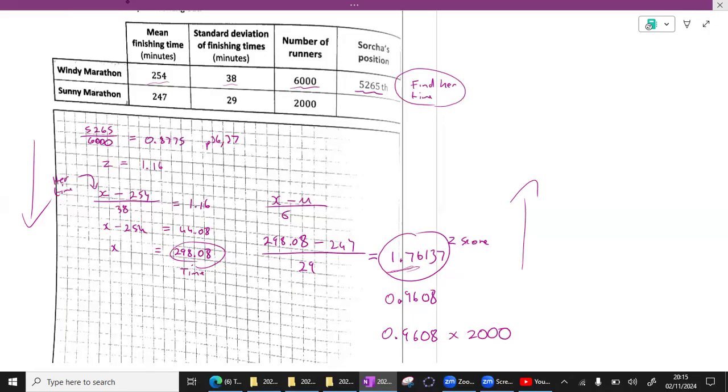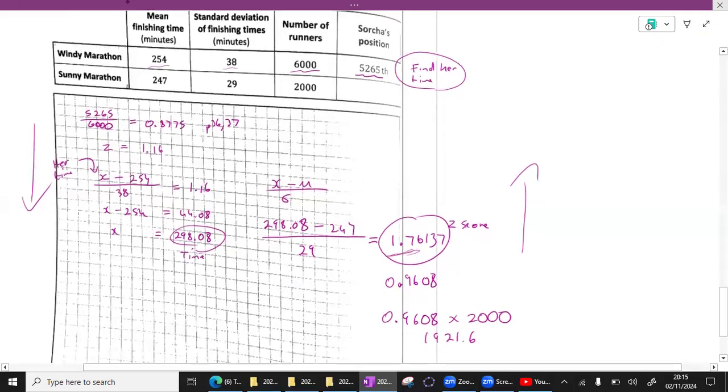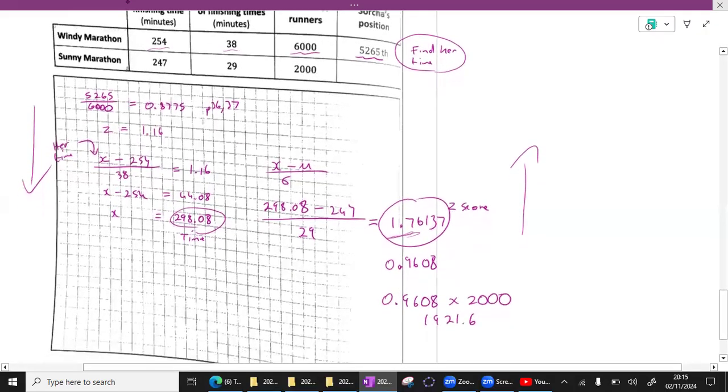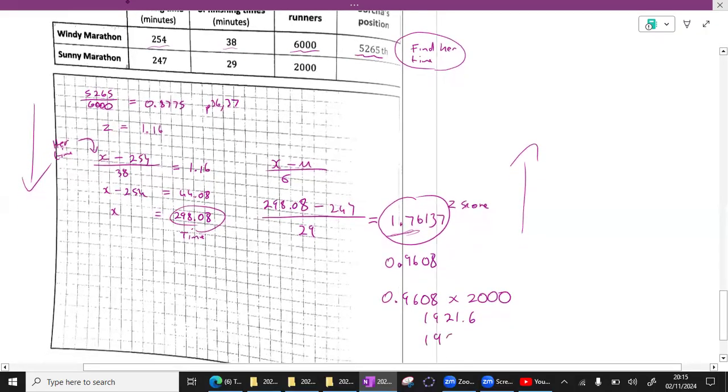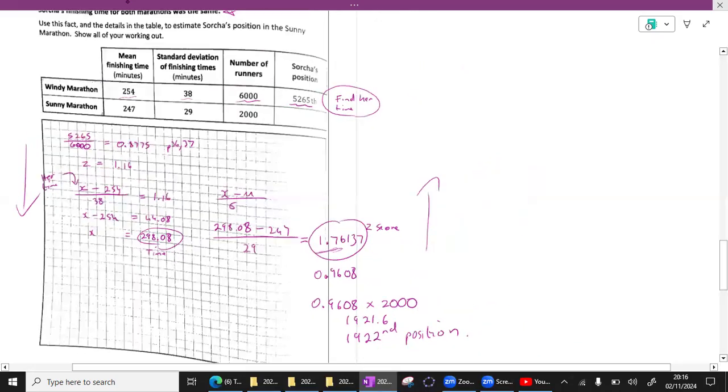So when I multiply it, I get an answer of 1921.6. So essentially what we found out is that she was in the 1922nd position.